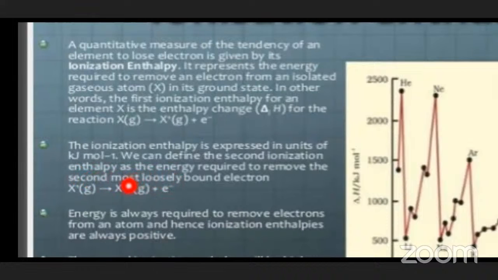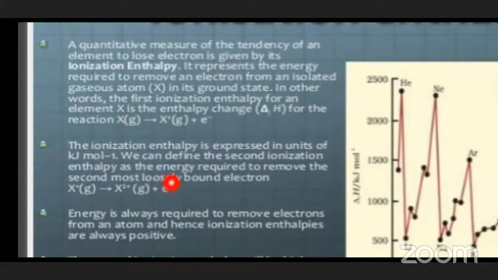Because of that, a dipositive cation is formed. This is the second electron we remove from the unipositive cation, so it is called the second ionization potential or second ionization energy.